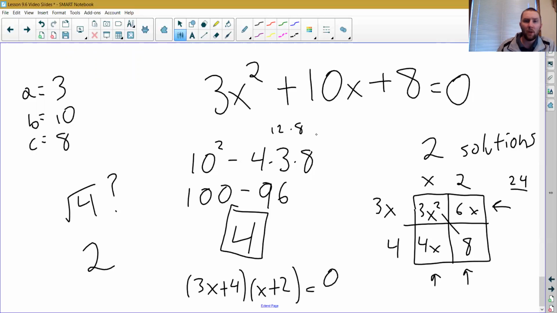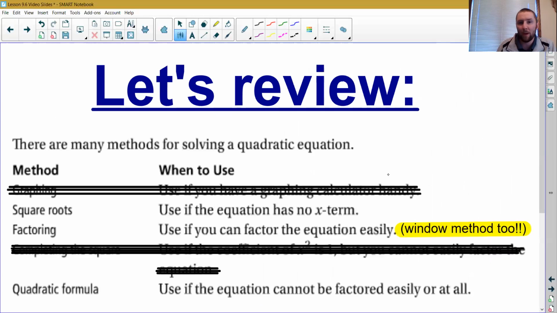So the quadratic formula, as I mentioned in our last video, is sort of our foolproof method for solving quadratic equations. But we did talk in this chapter about two other types, or I guess I should say strategies, to solve quadratic equations. That would be square roots and solving by factoring, which does include the window method, okay?